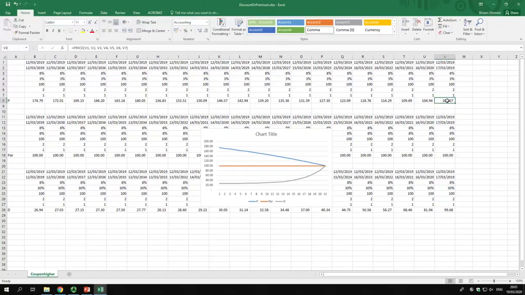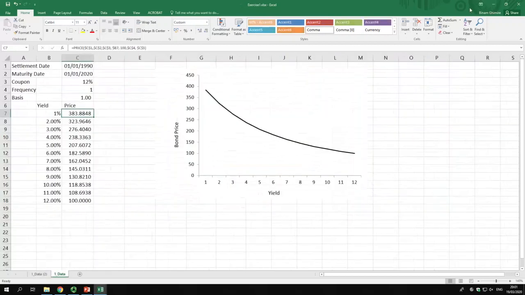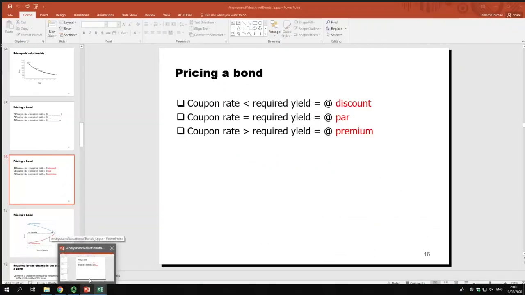So here 100.07, 99.68. That's the point I wanted to make. As the time is closer to maturity, bonds selling at premium, par or discount all get very close to 100. So this was another illustration I wanted to make.